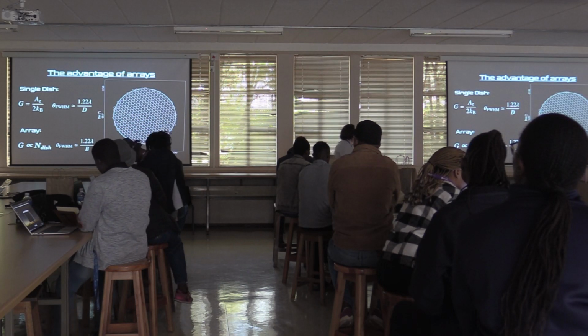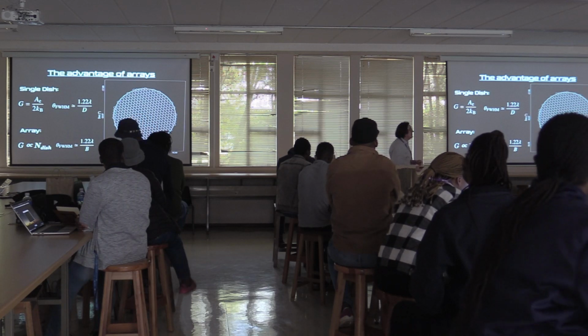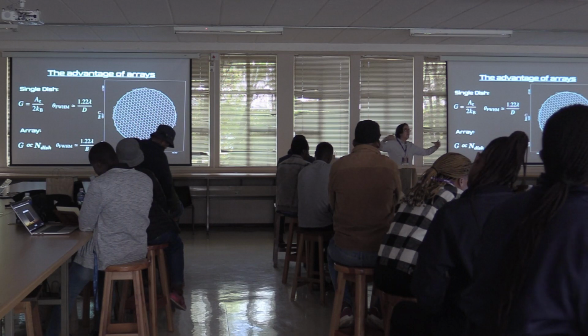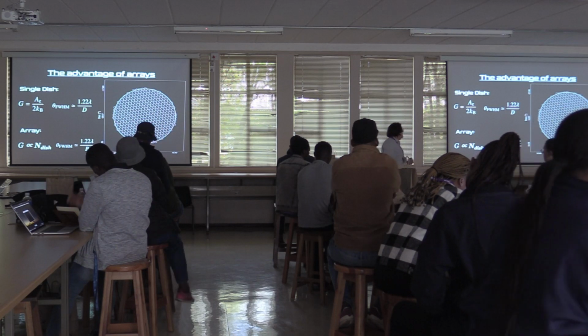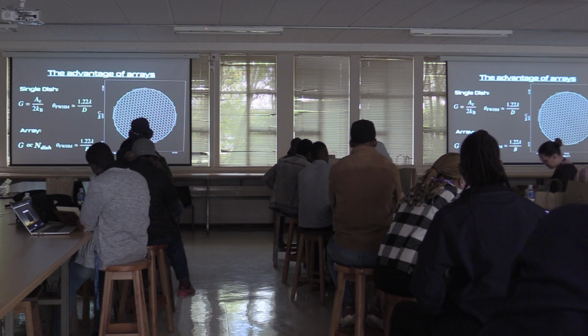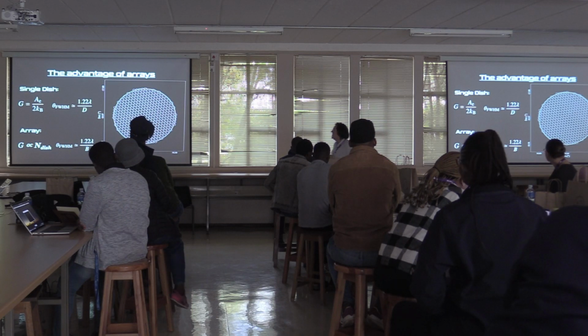For a single dish telescope, the gain of the telescope, which is proportional to the sensitivity, is proportional to the area of the collecting surface. So if you want to have the most sensitive radio telescope, you build a huge dish.